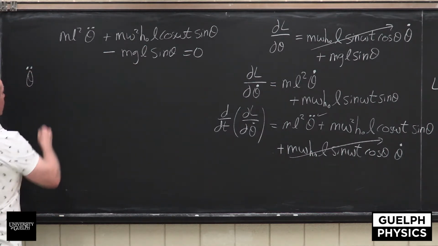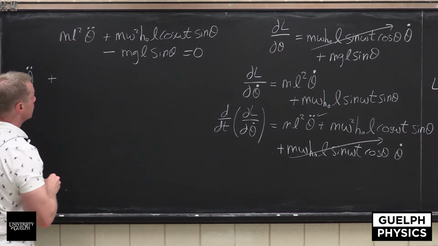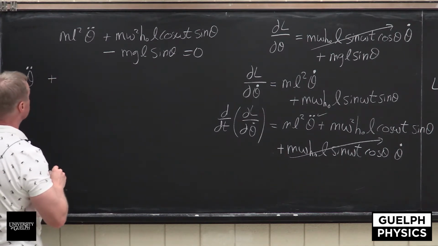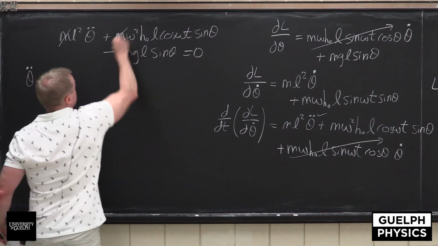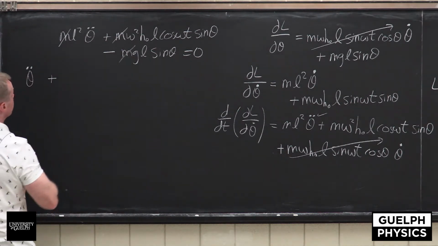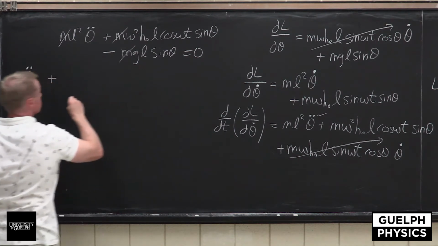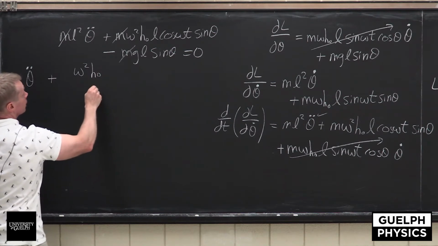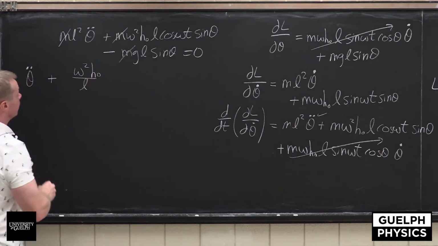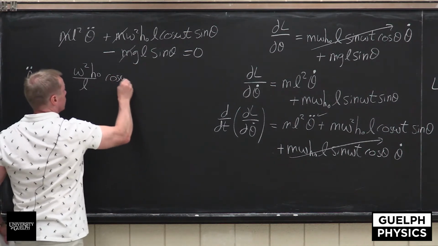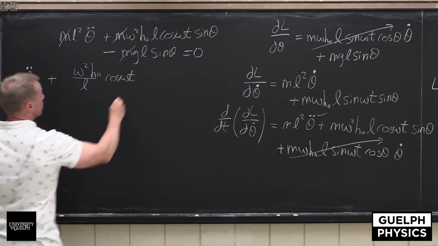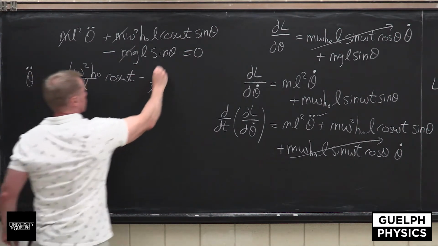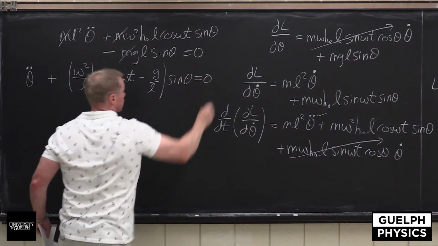So I'll have theta double dot, plus, and the m's will all cancel. And now I'll have things divided by L. So there'll be an omega squared h naught over L cos omega t minus g over L sine theta equal to 0.